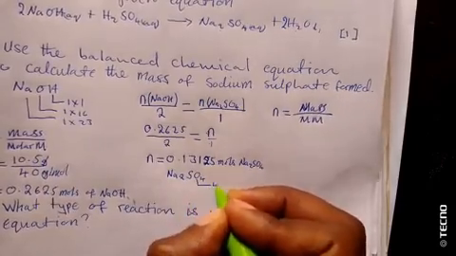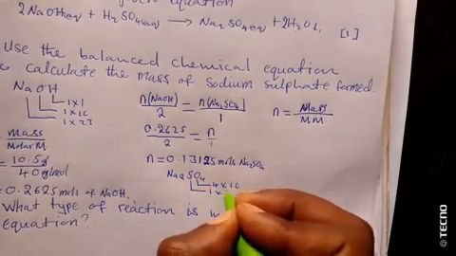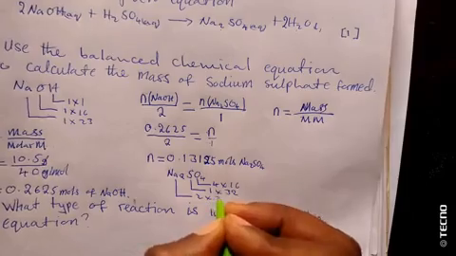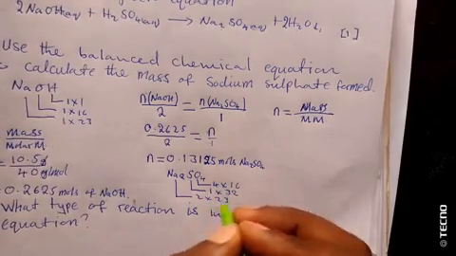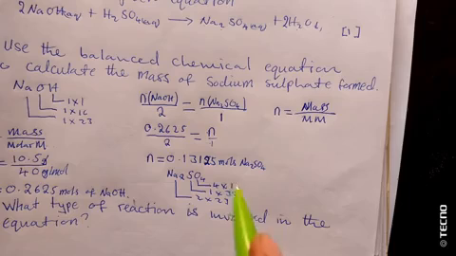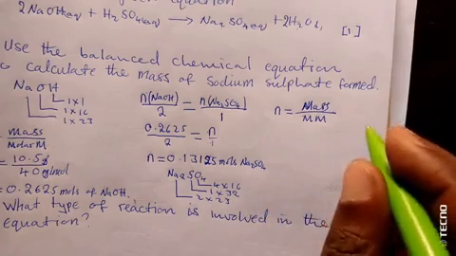This one will be 4 times 16, then 1 times 32, then 2 times 23. Once you do the calculation, 64 plus 78, you are going to have 142. So 142 as your molar mass.